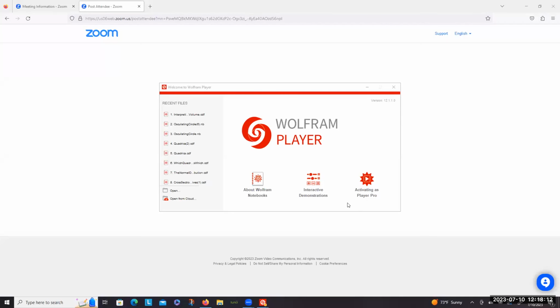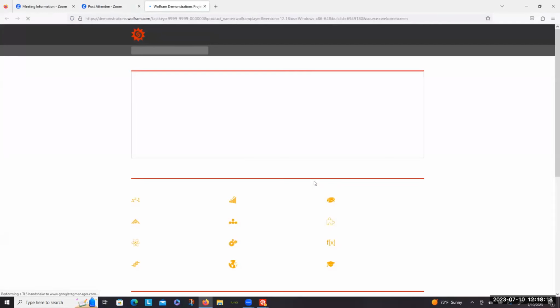I may lose the camera, but I hope not to lose it. Okay, can you see this one? This is the one that I have on my computer here.